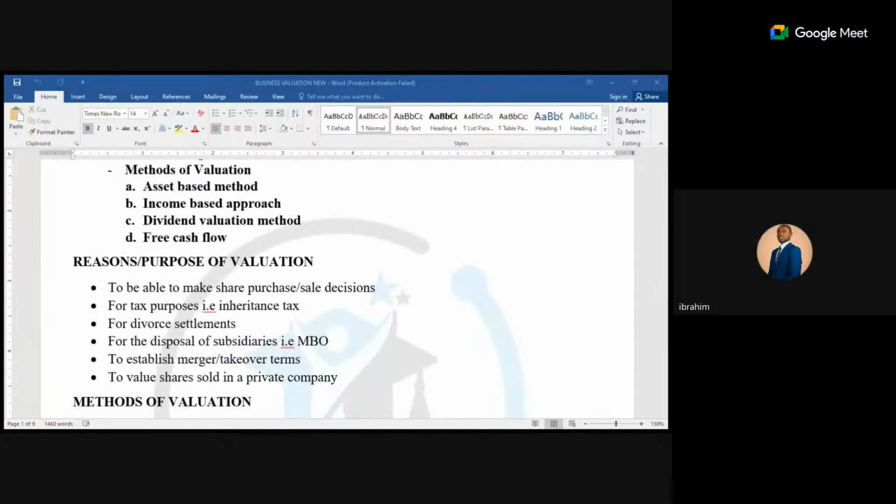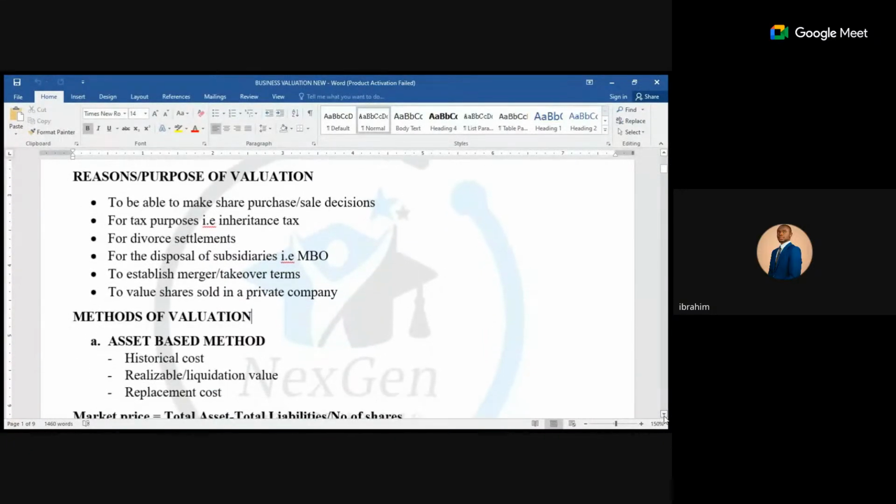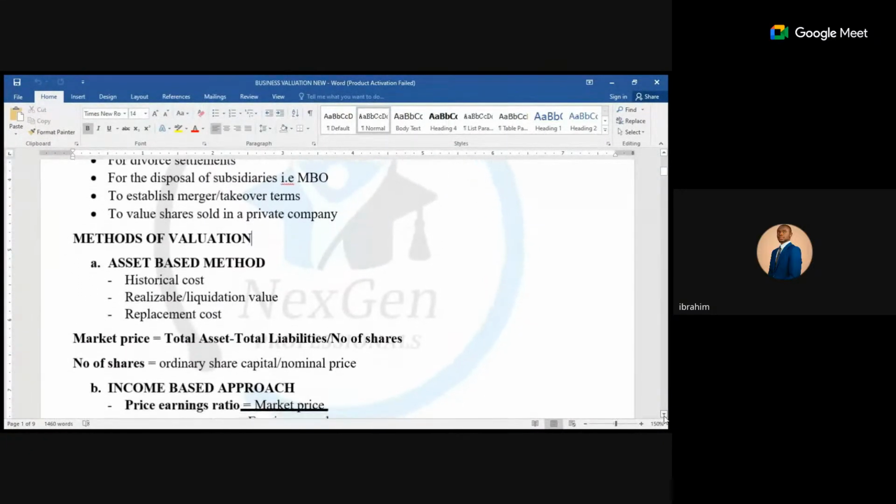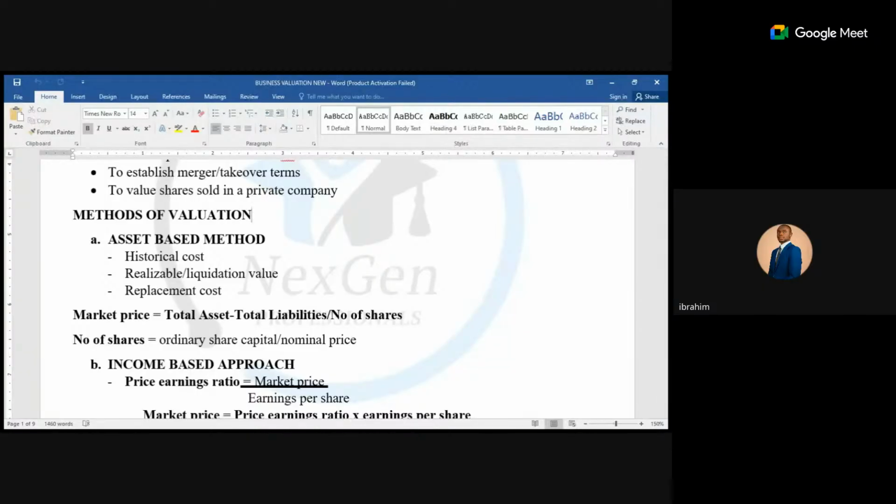I want to understand the reasons for valuation. We need to move to methods of valuation. Please pay attention. I'll be explaining the advantages of each of the methods. You may not see that in your notes, class. So that is why I believe in understanding of topic.